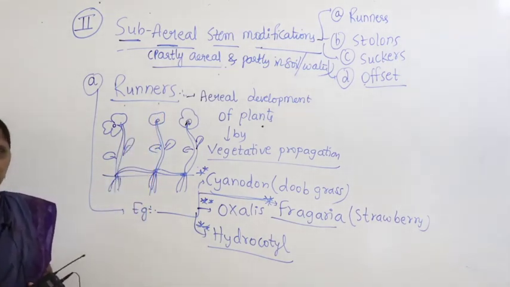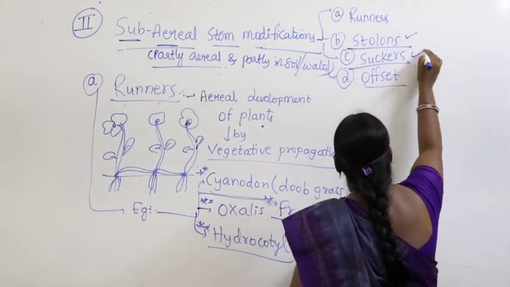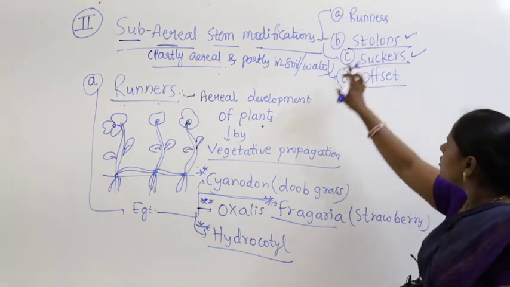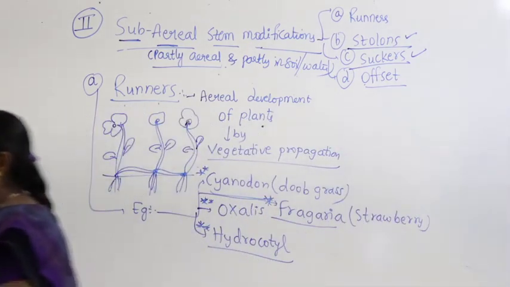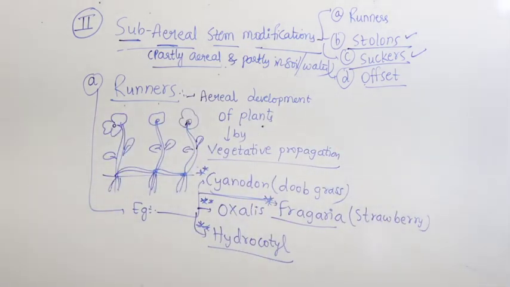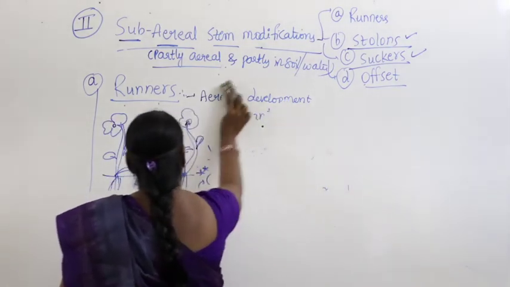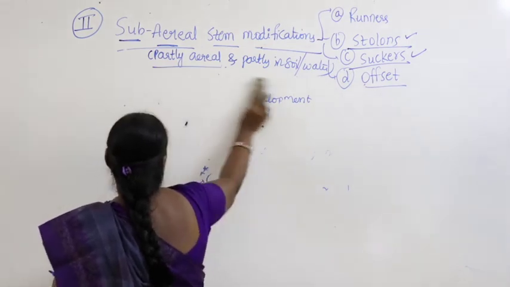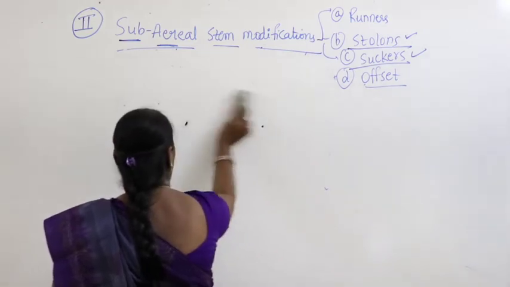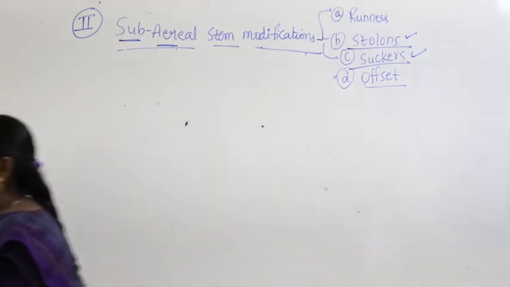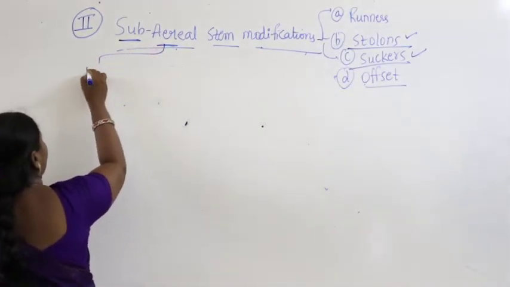Right, now let us take together stolons and suckers. Let us differentiate, let us study together stolons and suckers. Now runners you all understood, you followed up to here. So what is the second category we will talk about?